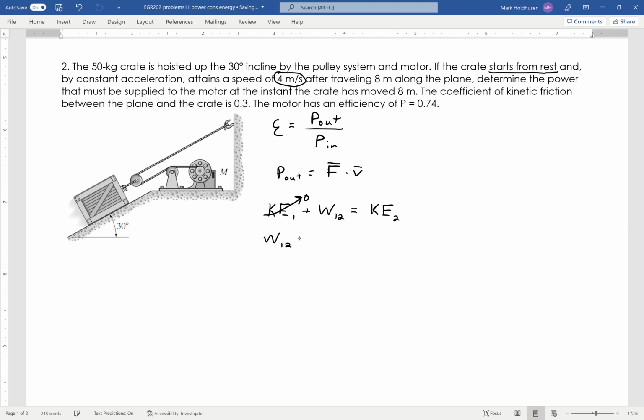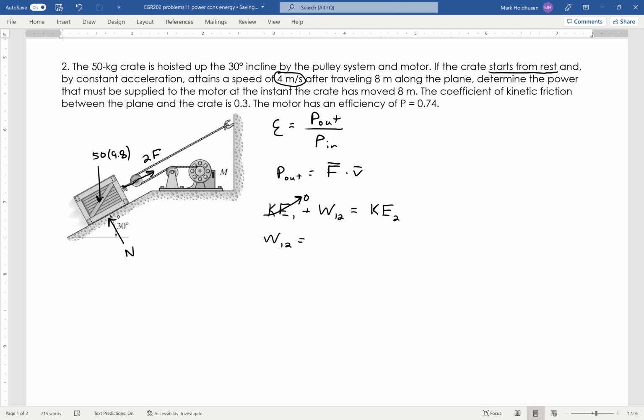Before I get too far into the work being done, let's talk about the forces that I've got on this thing. I've got 50 times 9.8, the weight acting straight down. Notice I've actually got two forces here, so I'm going to call this 2F. That's the force in that cable. I've got a normal force. It's not going to do any work, because it's perpendicular to motion, so I don't really care what that is.